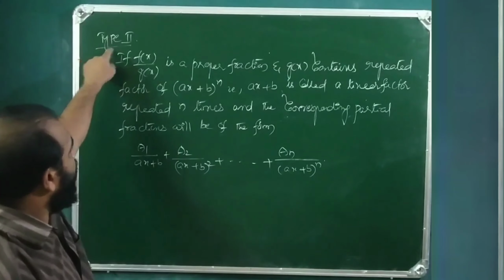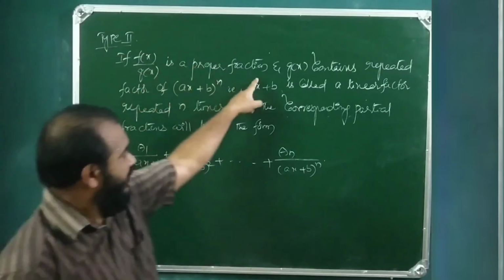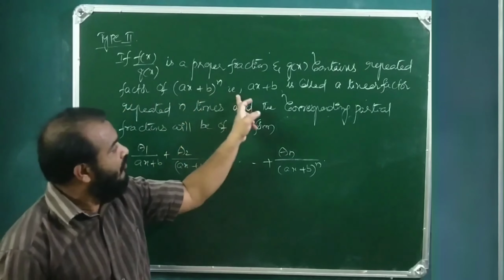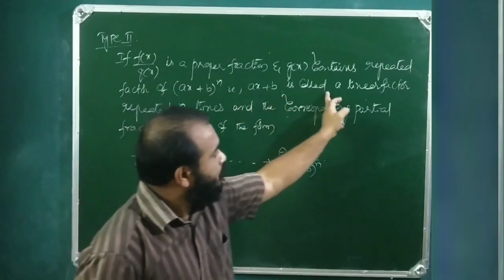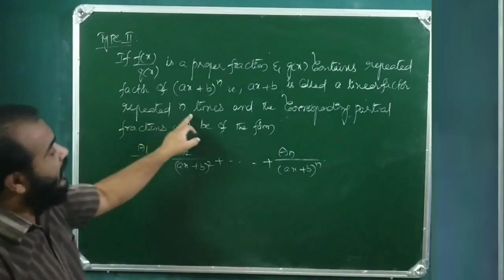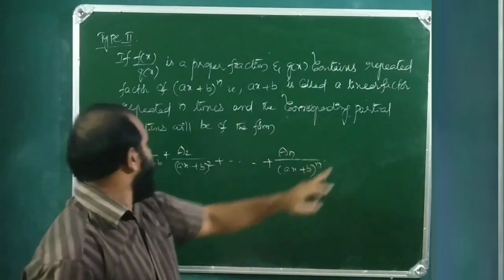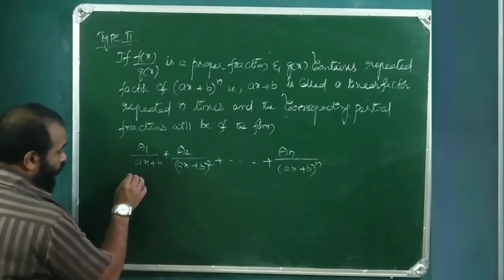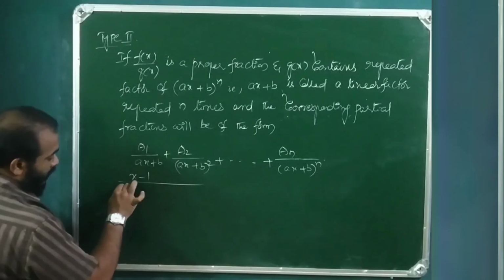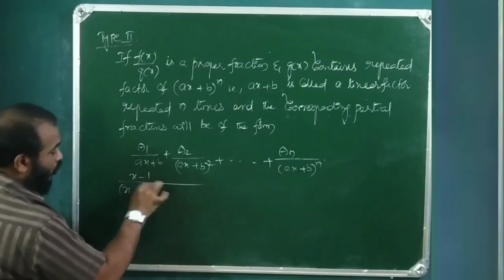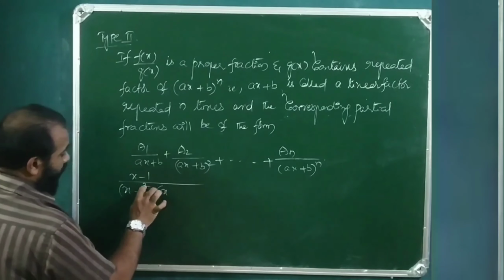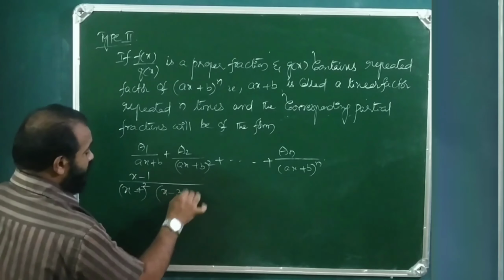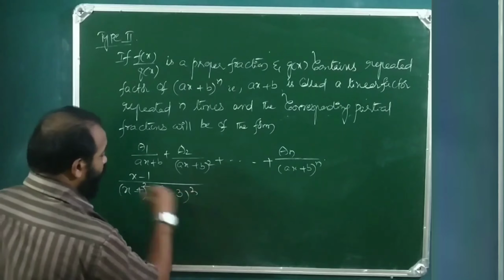This is type 2. If f of x by g of x is a proper fraction and g of x contains a repeated factor, ax plus b whole power n, that is, ax plus b is called a linear factor repeated n times, the corresponding partial fractions will be of this form. For example, x minus 1 by x minus 1 whole square into x minus 4 whole square into x minus 3 whole square or whole cube.